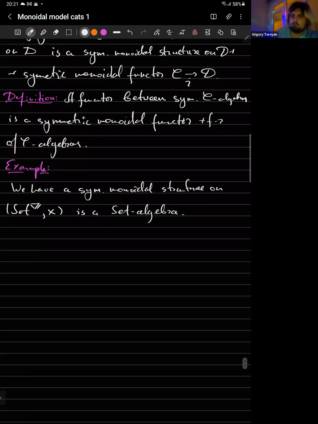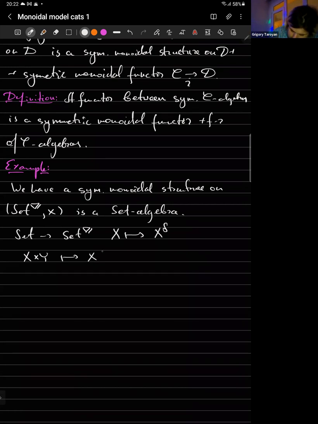So we have a monoidal functor from sets to simplicial sets, which sends X to X delta, the discrete simplicial set on X. And obviously this functor is monoidal because X times Y is mapped to the product of X delta, Y delta.